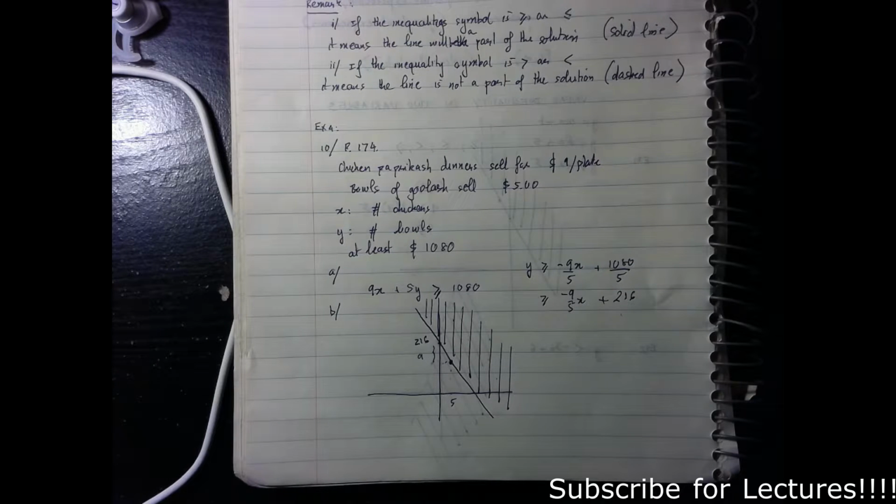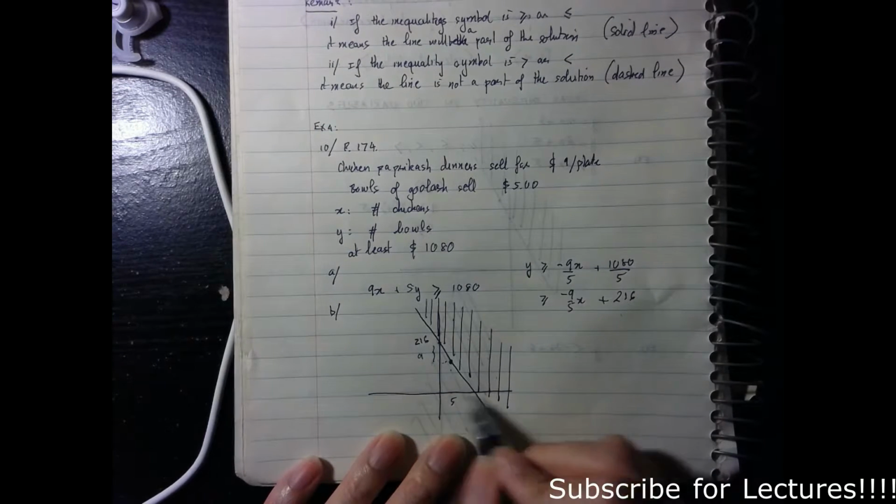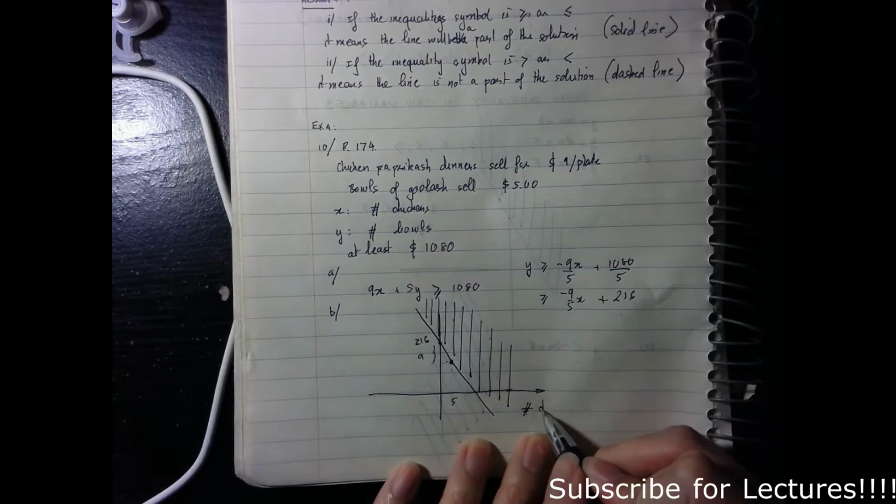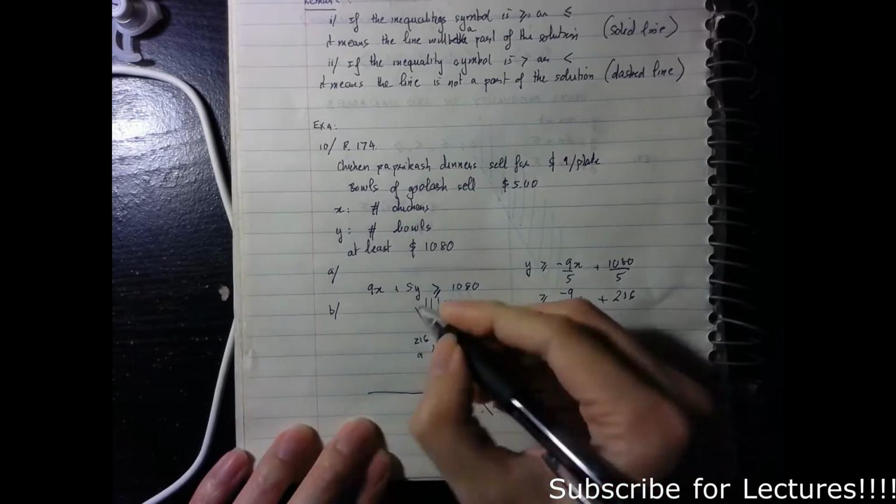The x over here is the x value, so it represents the number of chicken plates, and the y represents the number of bowls.